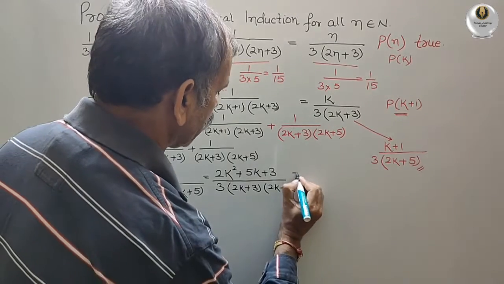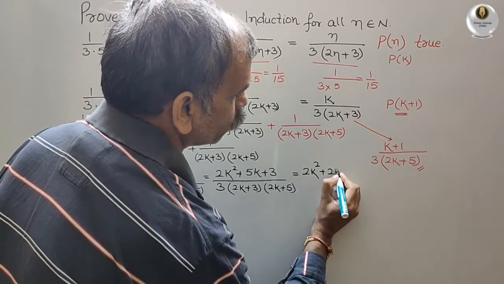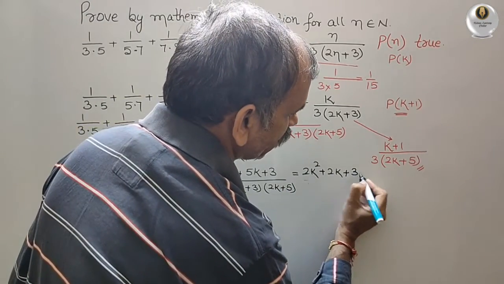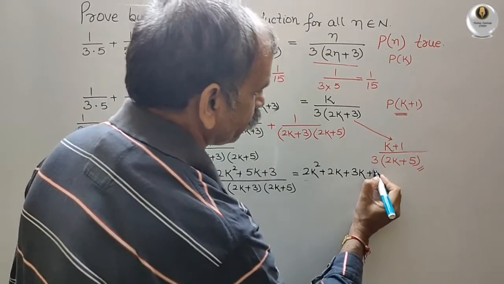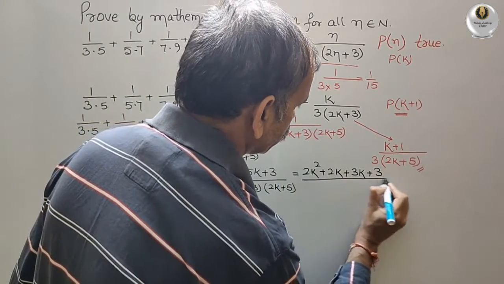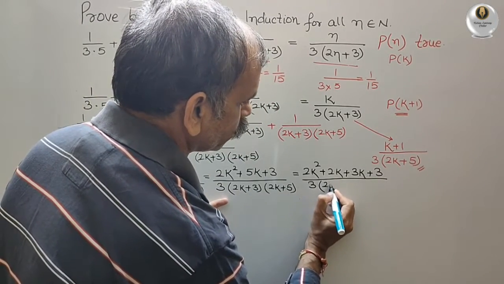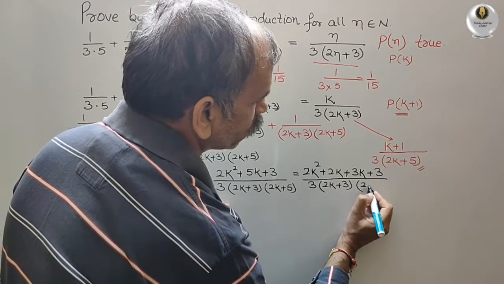So therefore it will come as 2k square plus 2k, plus 3k plus 3, by the same value, that means 3 into (2k plus 3) into (2k plus 5).